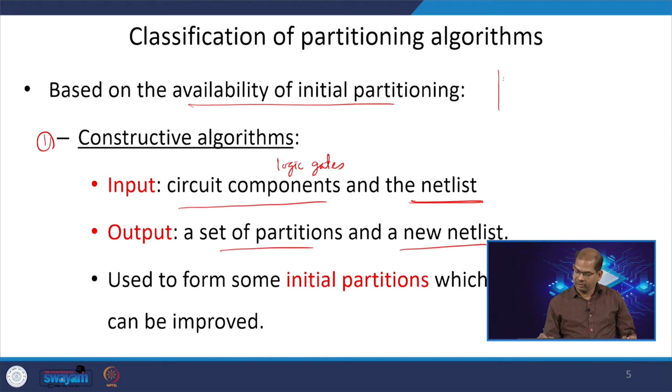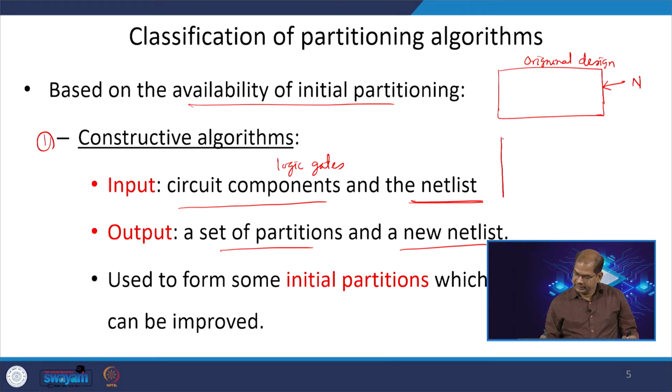Let us say the actual netlist in the original design is n.